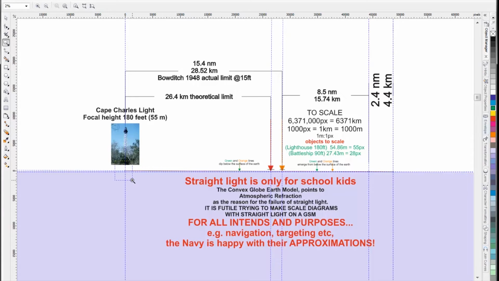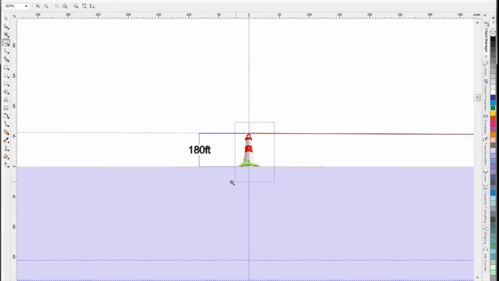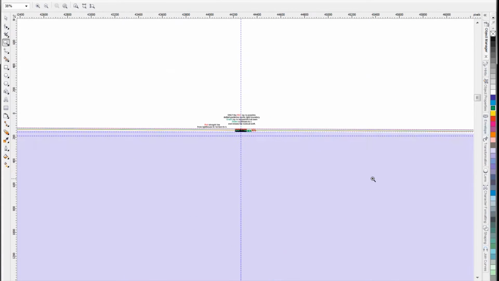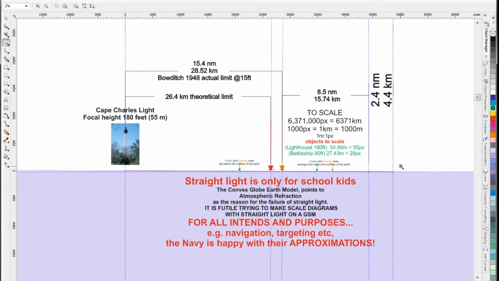If we go to the lighthouse first, you see from the lighthouse we have a few straight lines coming out, and these straight lines are directed towards the ship here and the ship here.